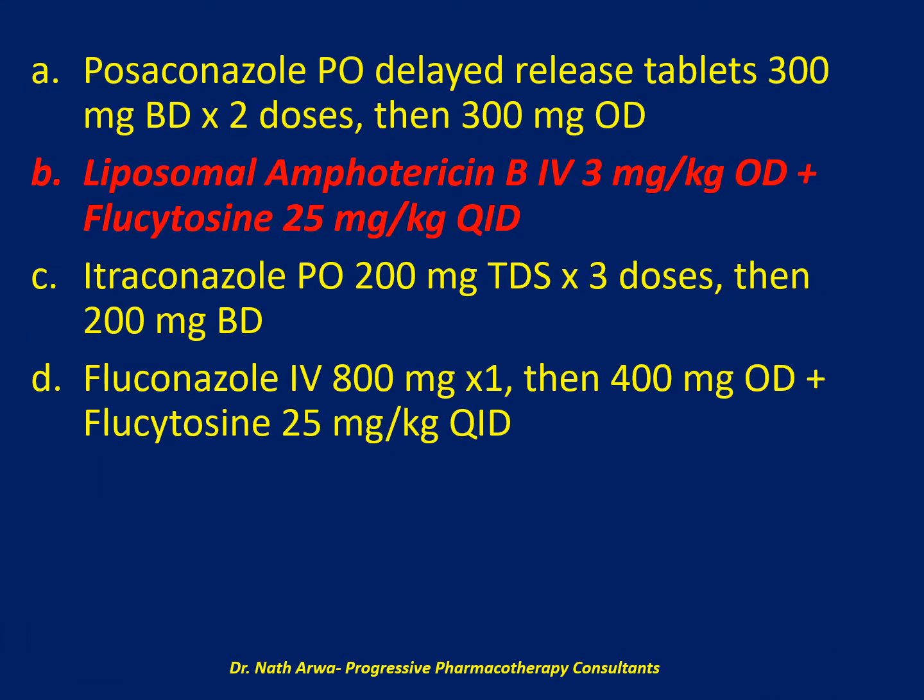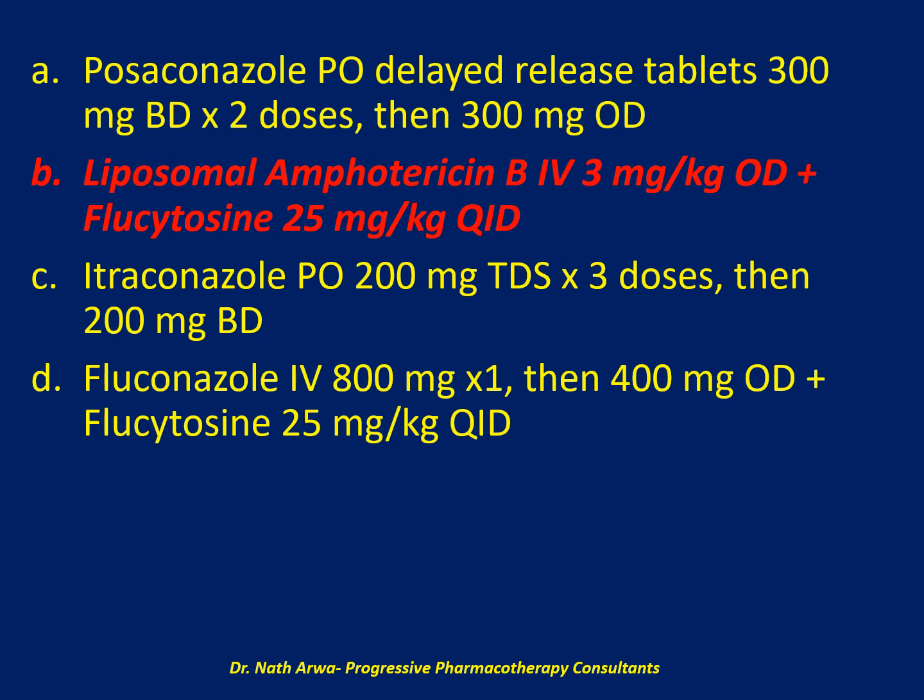I would settle for B, liposomal amphotericin B, diluted in dextrose 5% and infused over 4 hours at a dose of 3 milligrams per kilo once a day, alongside 25 milligrams per kilo of flucytosine administered 4 times daily.